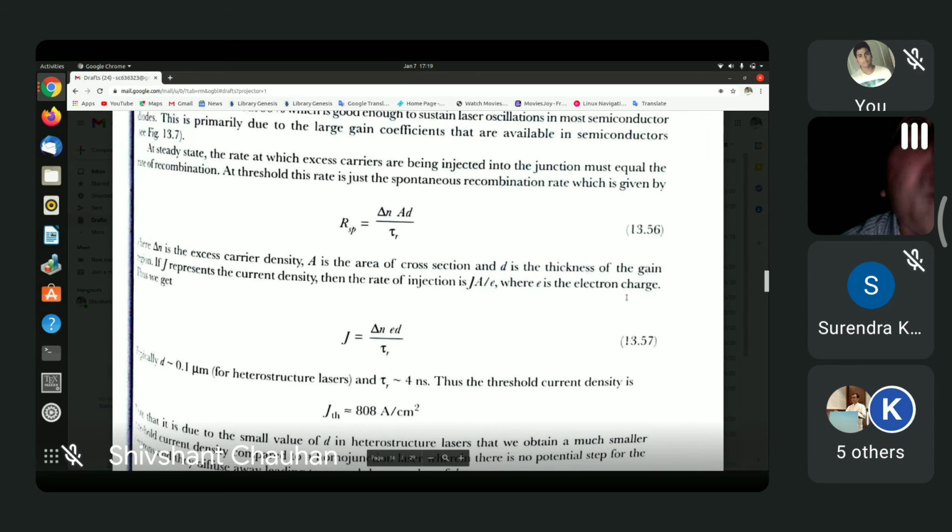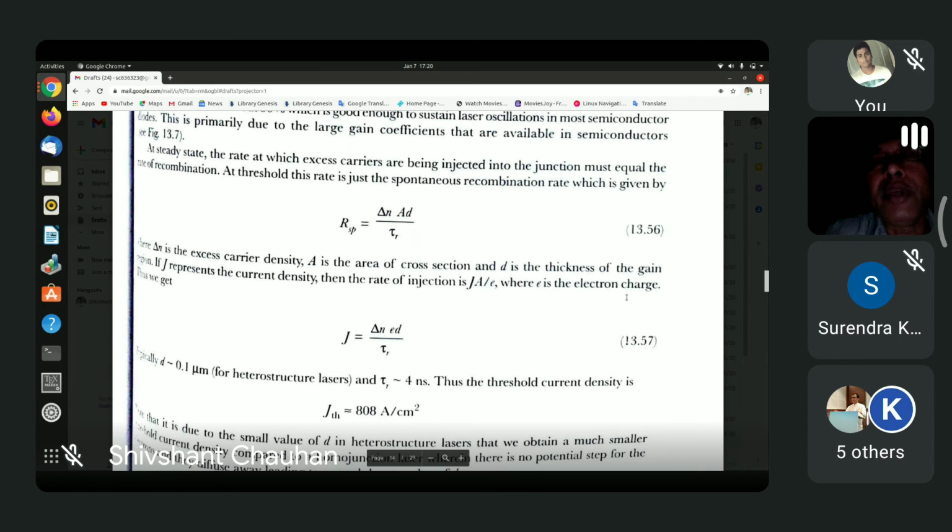This is one of the conditions, remember, for lasing action. We have noticed this earlier, that if a system is in thermal equilibrium, population inversion cannot happen, and therefore lasing action cannot happen. So by applying a bias across the diode or the structure, you are actually producing a non-equilibrium condition. That must also be remembered. Lasing action takes place only under non-equilibrium condition.